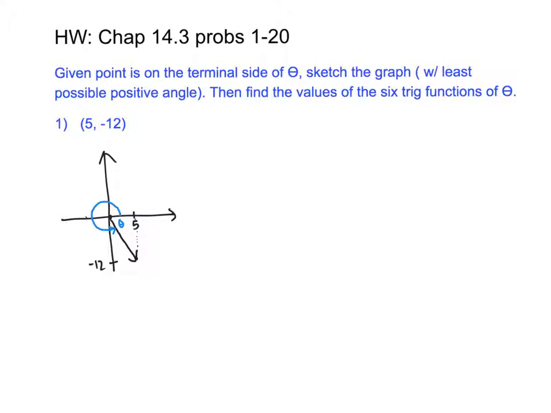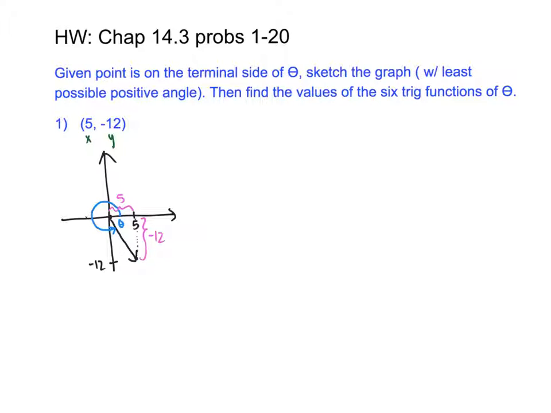Remember, because our point was 5, negative 12, that means this adjacent side is going to be the value of 5, whereas this long side here, the opposite side, is going to be negative 12. Your x and your y are on here. Actually, let me label that. This side here is 5. This side here is negative 12.